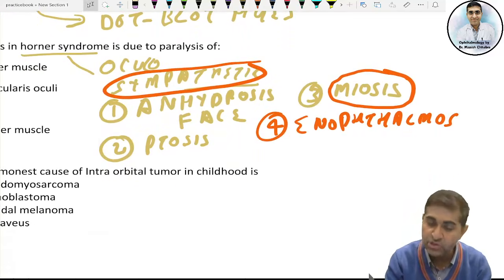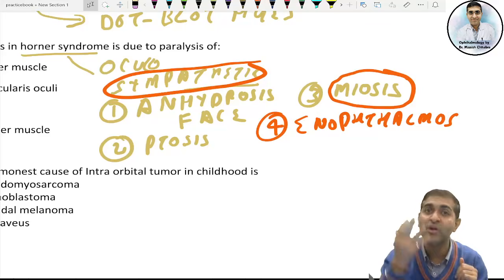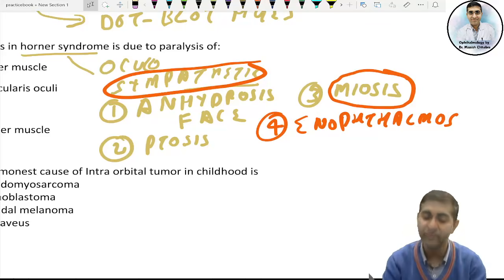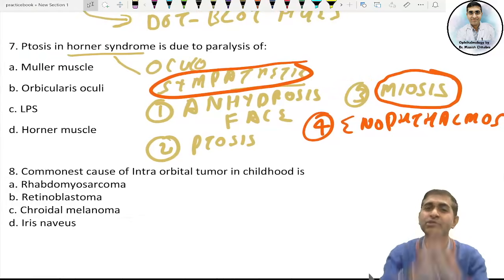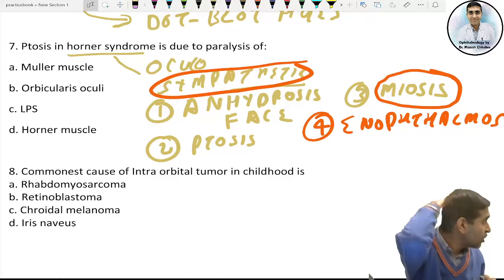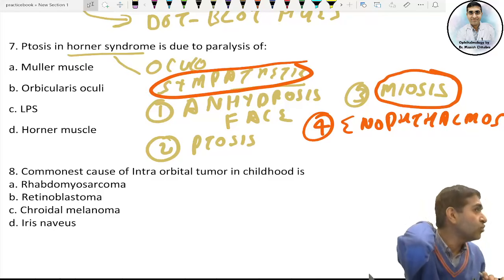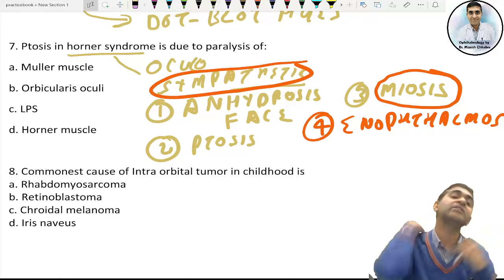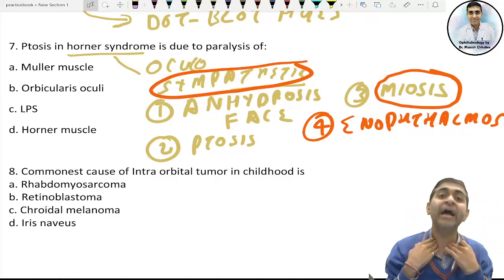Now, anhydrosis of face, because the sweat glands on the face are supplied by sympathetic fibers. In Horner syndrome, there is damage to sympathetic fibers. You know Horner's pathway: it starts from the hypothalamus and goes till C8, T1, T2 of the spinal cord. Then the fibers move ahead.